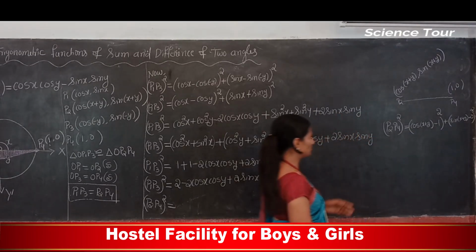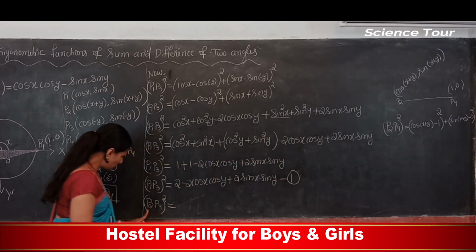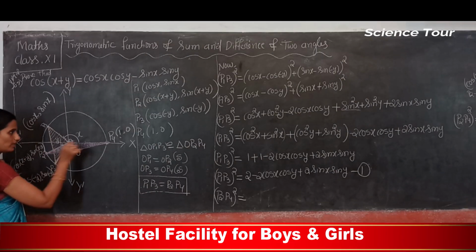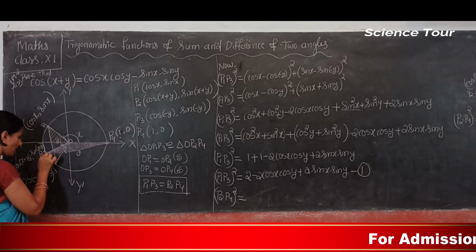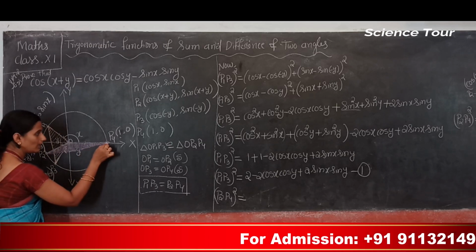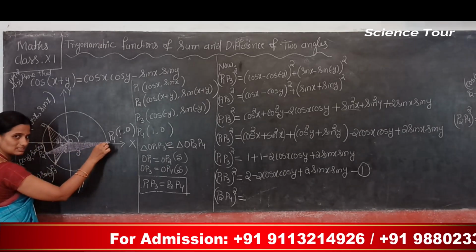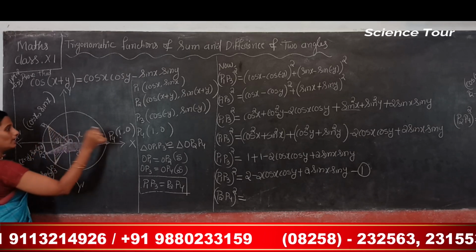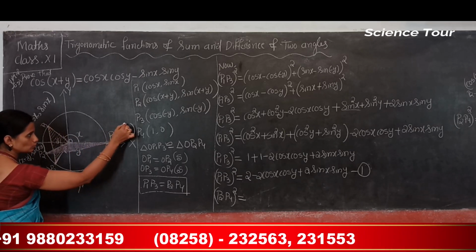Yes, now I'll simplify here. So what is your P2 P4 whole square? P2 is this one, P4 is this one, means distance formula with x1 y1 and x2 y2.